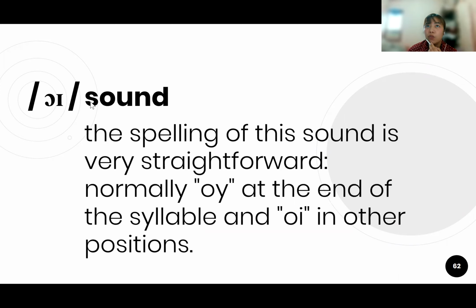If you hear the sound oi in words, this is how you would transcribe them using this symbol. The spelling of this sound is very straightforward. Normally, oy at the end of the syllable and oi in other positions. So for words with oy or oi, when they are used in English, they produce the sound of this symbol, oi.